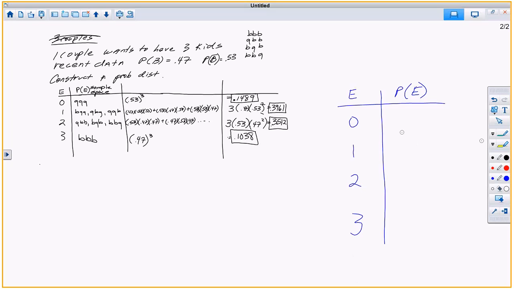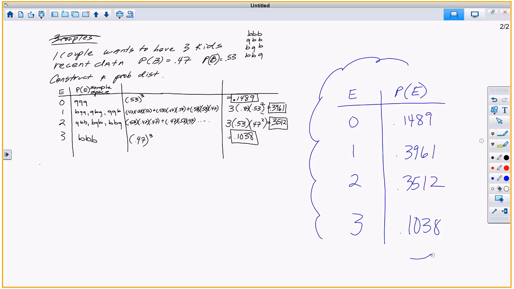Probability: 0.1489, 0.3961, 0.35, 0.1038. And this is a probability distribution. You just constructed a probability distribution.